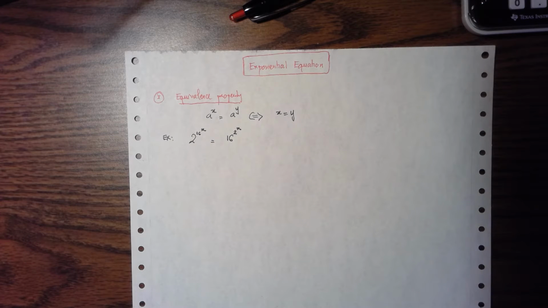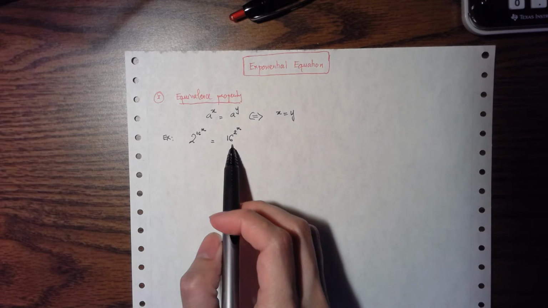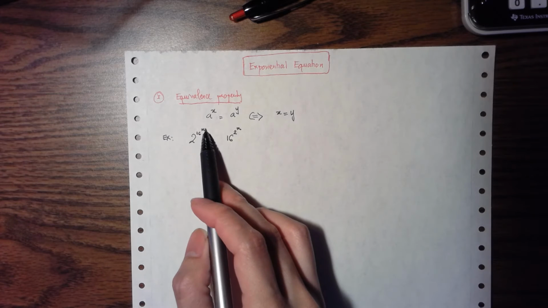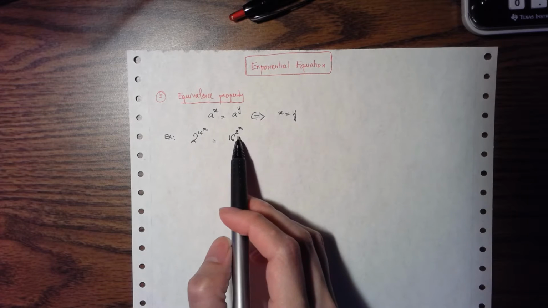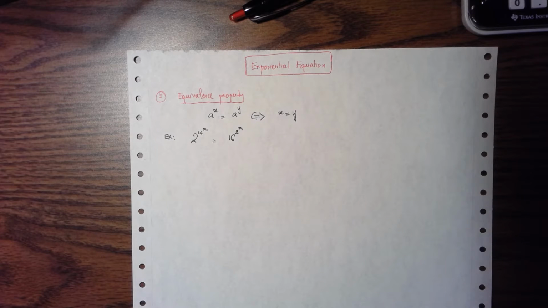You see that the base over here is 2, the base over here is 16, but the exponent is a power. The exponent over here is 16 to the x, and over here the exponent is 2 to the x. But 2 and 16 are related to each other, so we can convert to the same base easily.